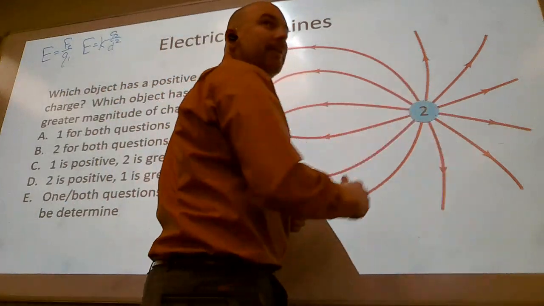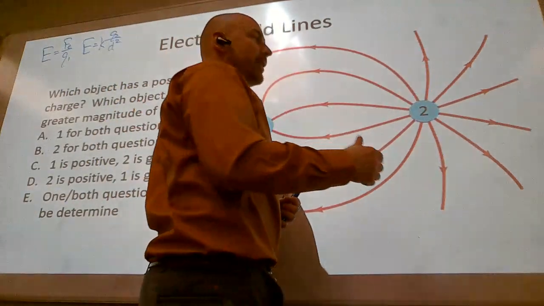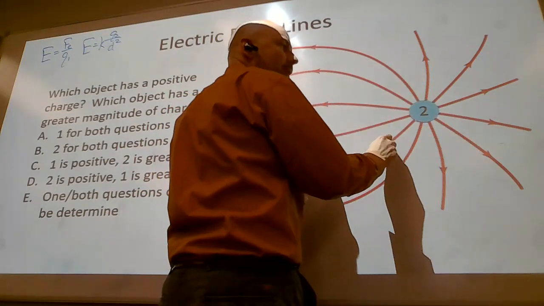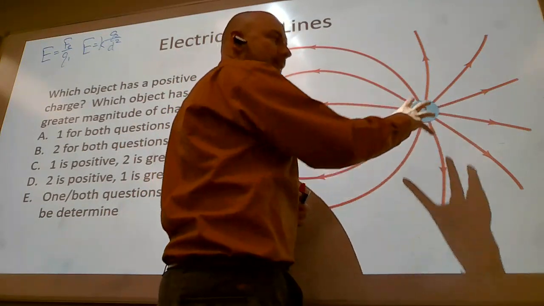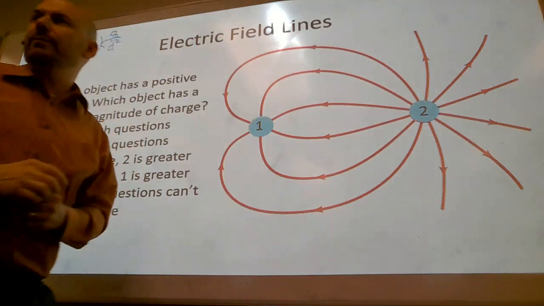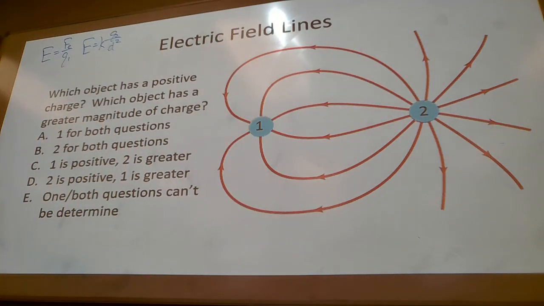You create outward directed fields, and it has a greater charge because it creates a stronger electric field because the lines are closer together around 2 than they are around 1. Good with that?